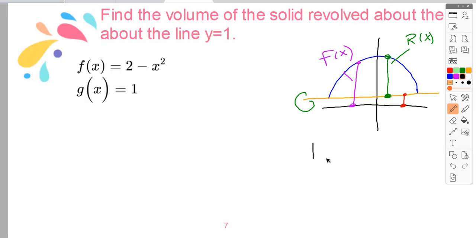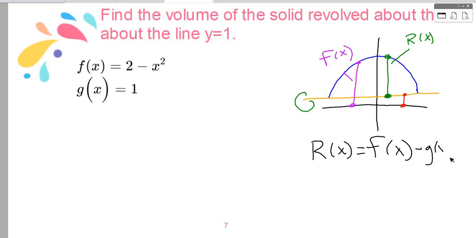So my r of x is going to equal f of x minus, in this case, g of x. We're okay with that. And g of x could be a curve, it could be a line, whatever. If I'm trying to find the length between those two things, I'm going to subtract them.